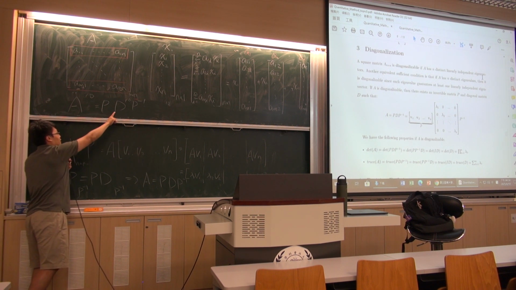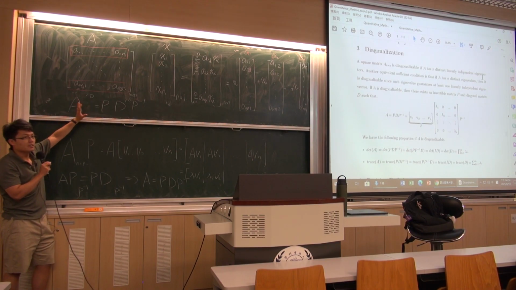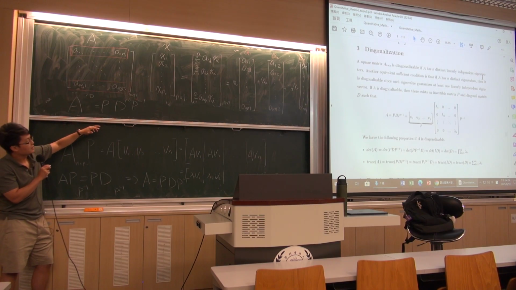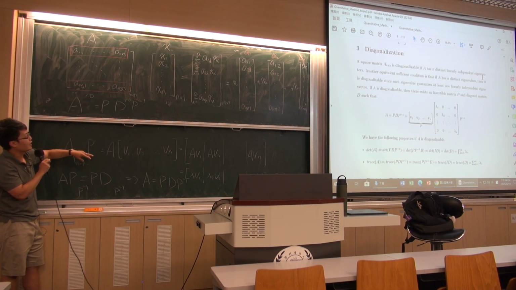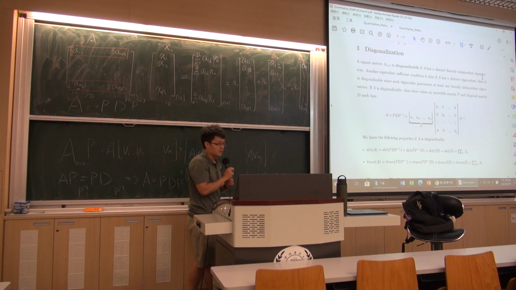This is very easy to calculate because we only have the eigenvalues on the diagonal positions, and hence you can get the result very quickly.